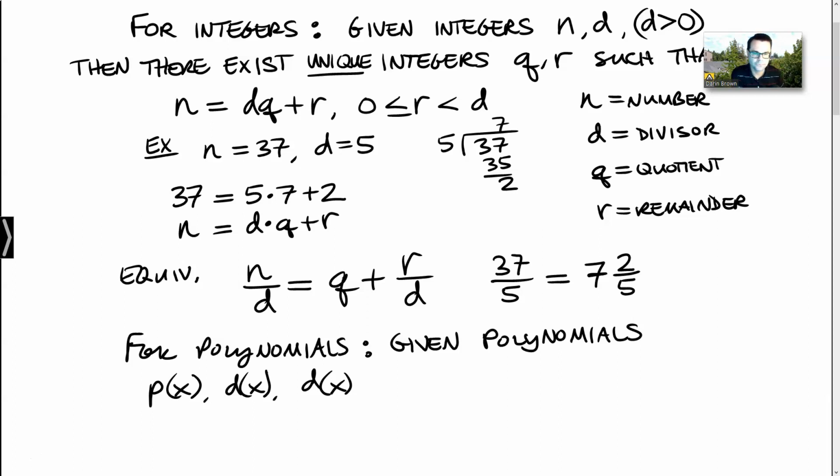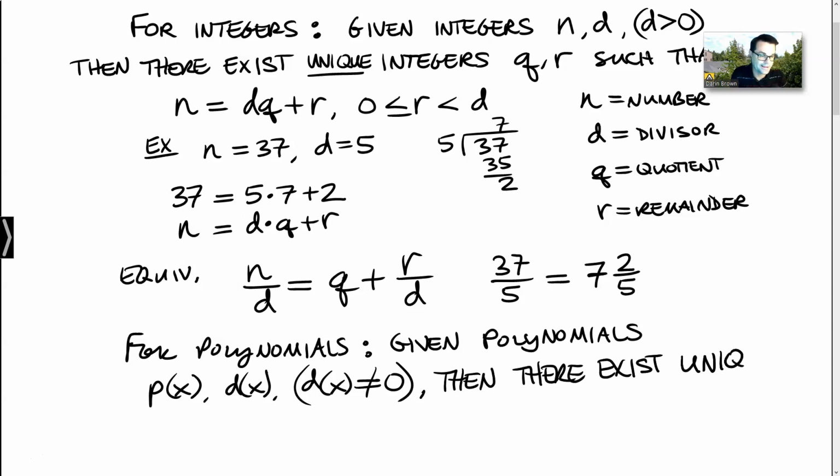So we had the stipulation up here that d had to be positive. Here we're going to make the case that d is not 0. So it's not the 0 polynomial. So given polynomials p and d, then there exist unique polynomials. So again, they are unique.